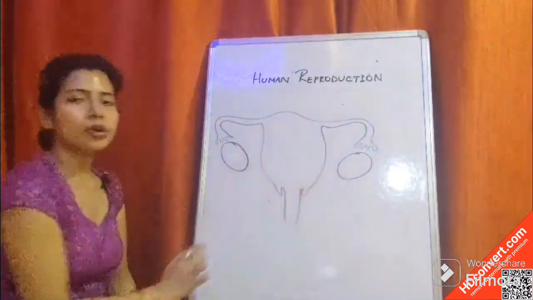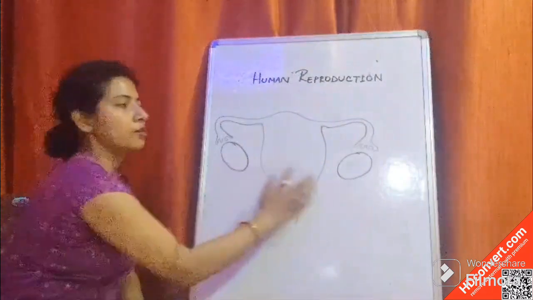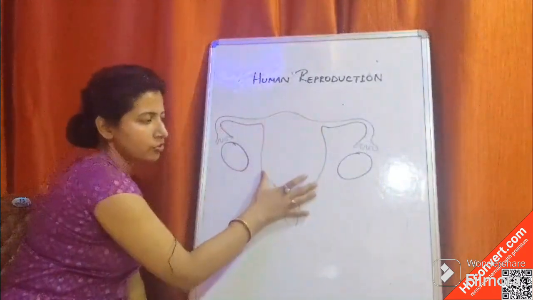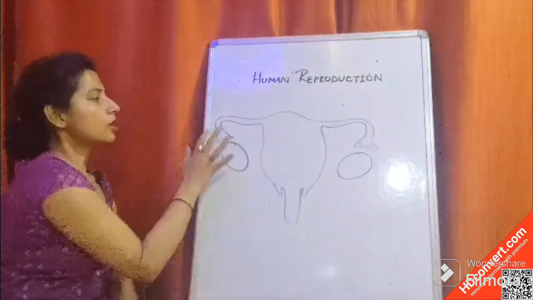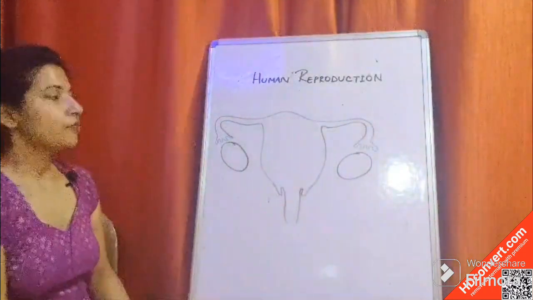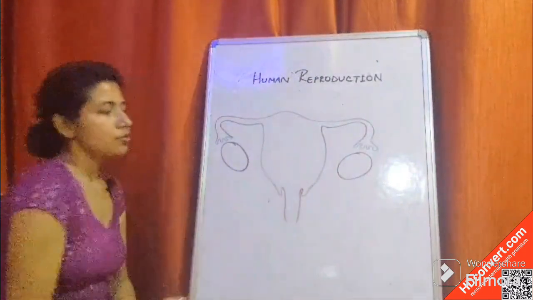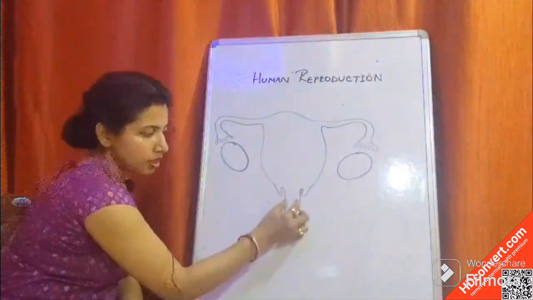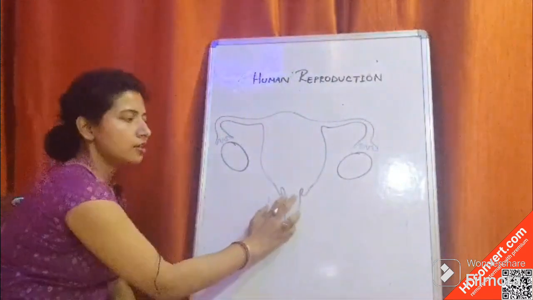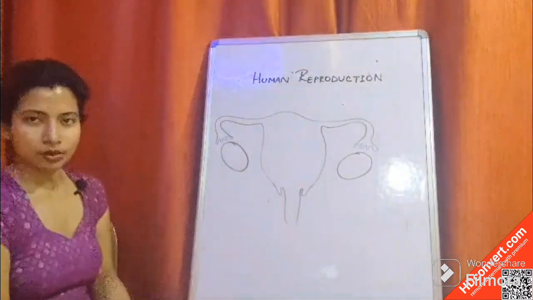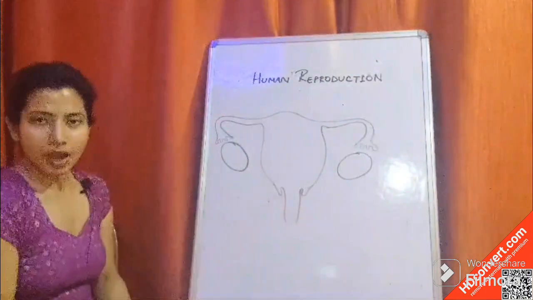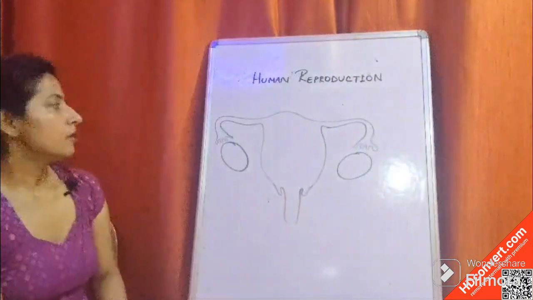These two are the principal reproductive organs, ovary, and both are together termed as ovaries. And this is the pear-shaped structure. This is uterus, okay, and this tube-like structure is known as fallopian tube or oviduct. This narrow portion is known as cervix, and below cervix this portion is vagina. Vagina is not the external genitalia. Vagina is the portion below the cervix, okay. Cervix and vagina, they both form the birth canal, okay. We will discuss it later.